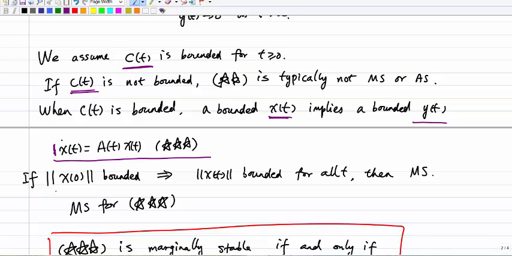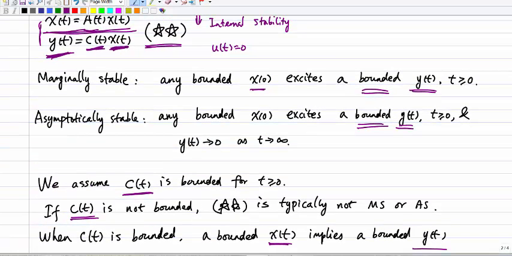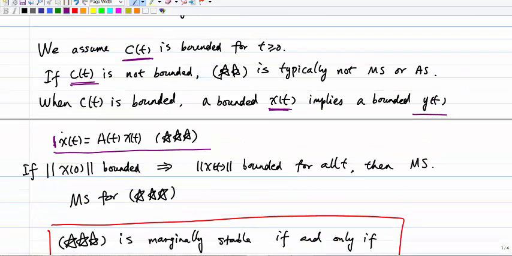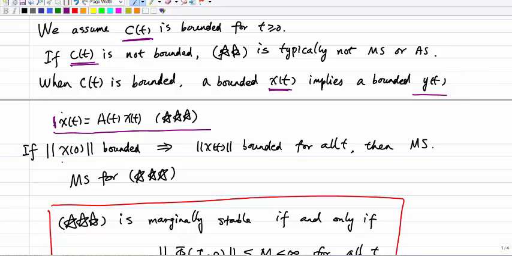Okay, so here, according to the definition of marginal stable and asymptotic stable, we assume a bounded x0 initial condition. If this means xt is bounded for all t greater than or equal to 0, then I call the system marginally stable.